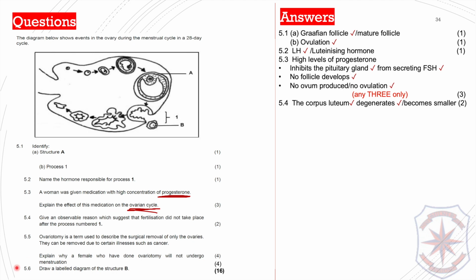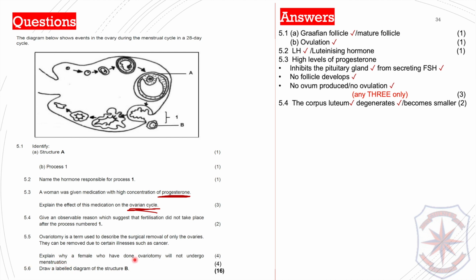Right? Now, the next question. Ovariotomy is a term used to describe the surgical removal of only the ovaries. All right? Only the ovaries, not the whole female reproductive system, only the ovaries. They can be removed due to certain illnesses such as cancer.